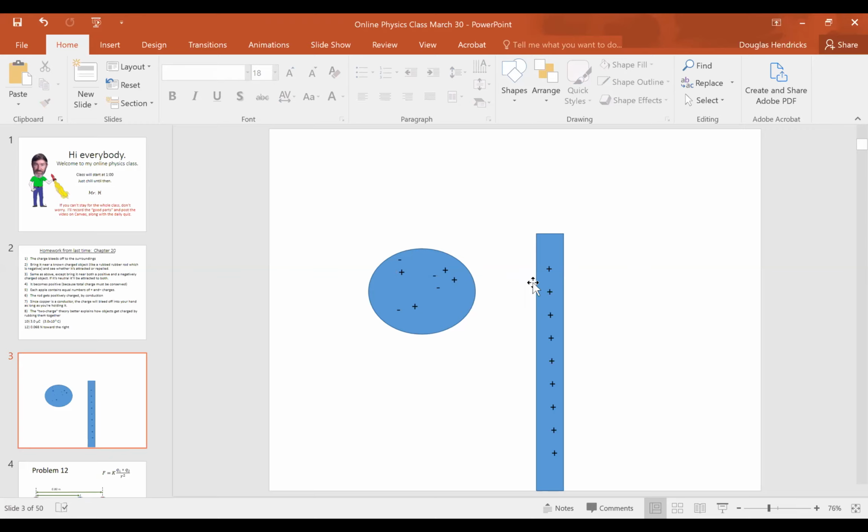So we have this object that started out neutrally charged, but when we bring this positively charged rod next to it, what's going to happen? Remember charging by induction. The minus charges are going to be attracted to it, so let's get them over on the right side here.